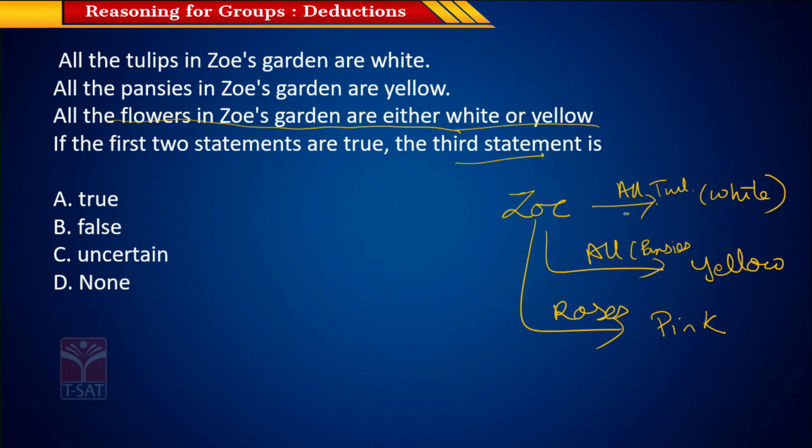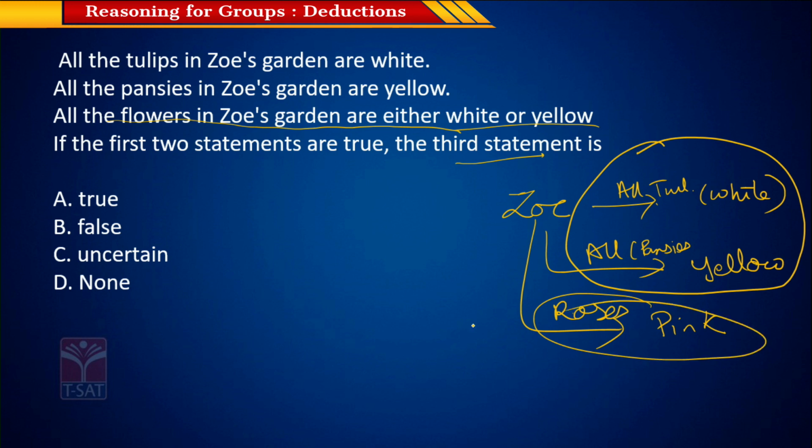It could be that Zoe only has tulips and pansies, in which case the third statement will be true. But if she has other types of flowers as well, they could be of a different color and hence it can be false. So you definitely cannot say it's true, and you cannot say it's false, but you can definitely say it's uncertain. So the answer option is C.